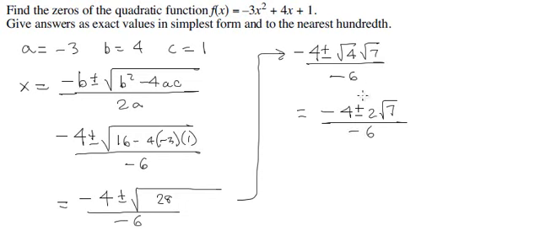These aren't all divisible by 6, unfortunately, but they are divisible by 2. So we could divide everything here by 2. Another thing that I'm going to do, instead of just 2, I'm going to divide by -2 because it'll make the denominator go positive. This negative in the denominator is driving me crazy.